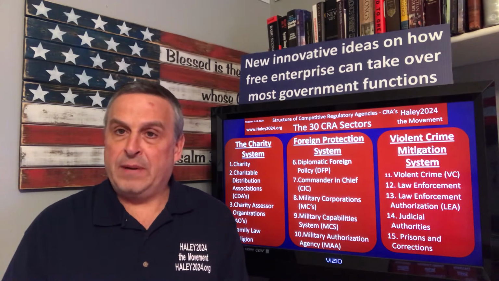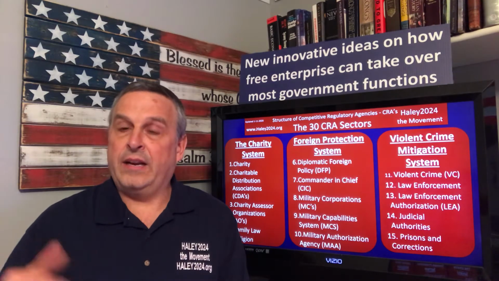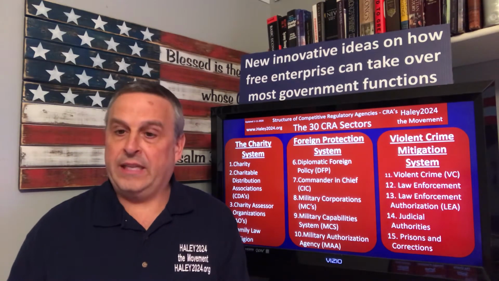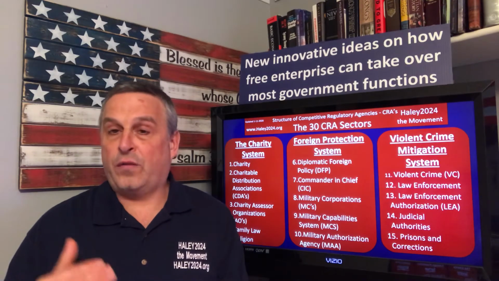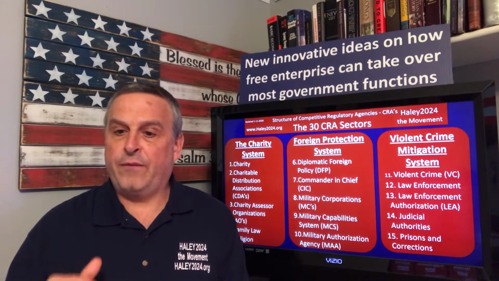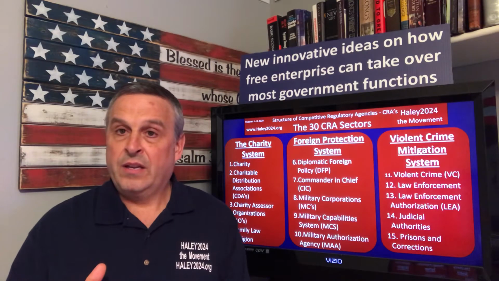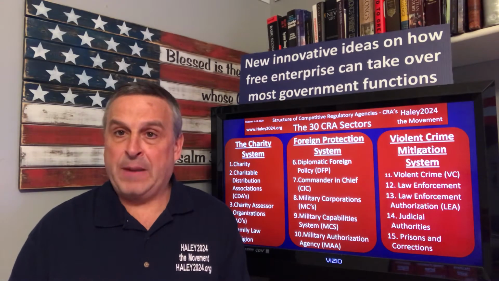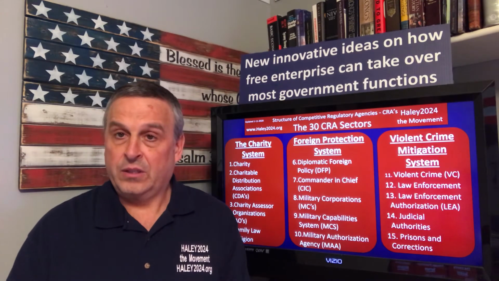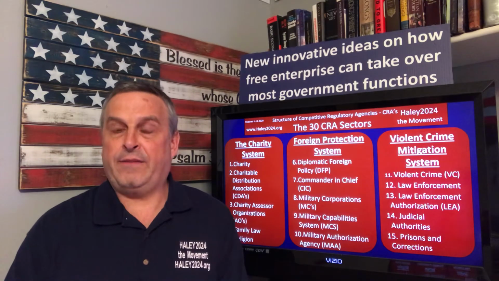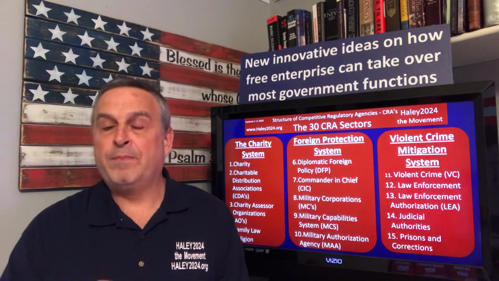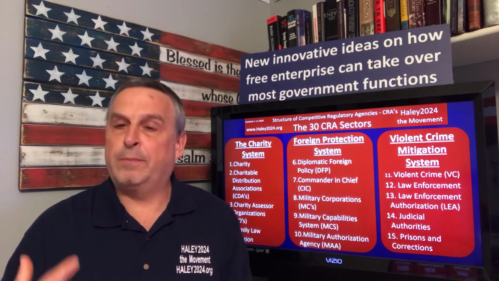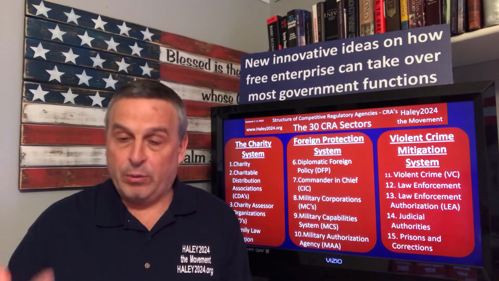5 in the violent crime mitigation system. Again, free enterprise courts, police, prisons, all with significant oversight through the law enforcement authorization. If you cannot get 70% of the people or the representatives of a separate representative body of the people to give that person authorization to have a badge to be a prosecutor, a judge, a police officer, a prison guard, then they don't get to be that.